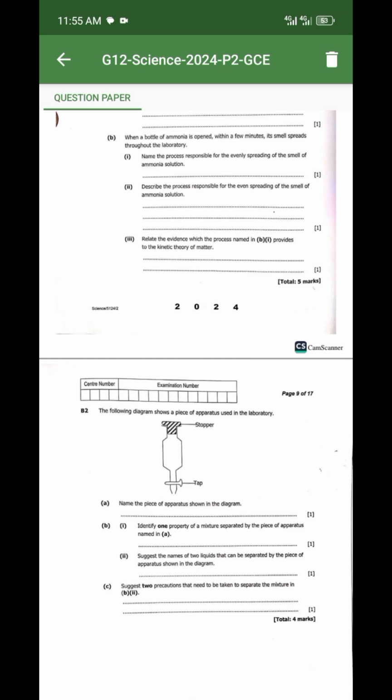So the tap must be in good working condition, where when you close it the substance stops coming out, and when you open it the substances start coming out.